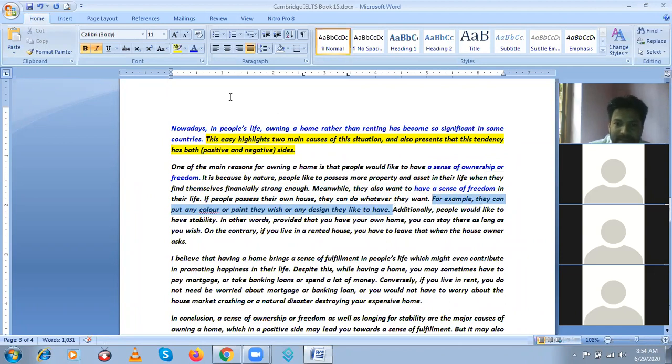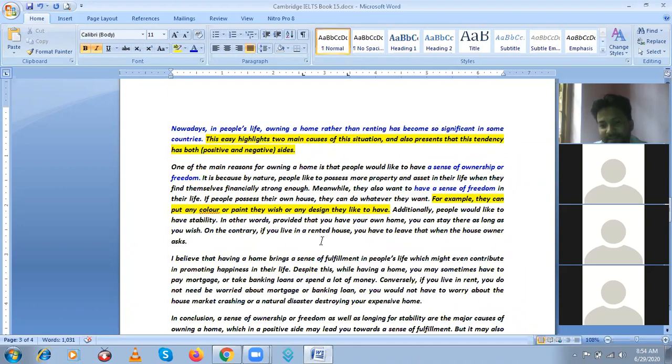For example, they can put any color or paint they wish or any design they like to have. If people have their own house or home, they can put any color, any paint, or they can design as per their wish.